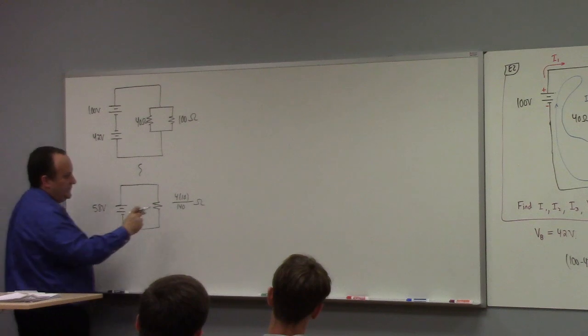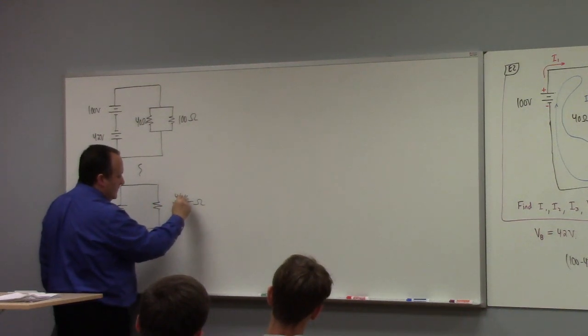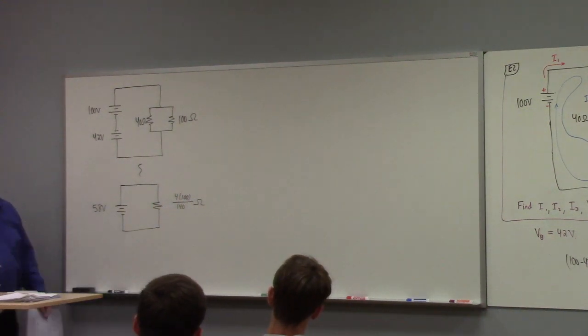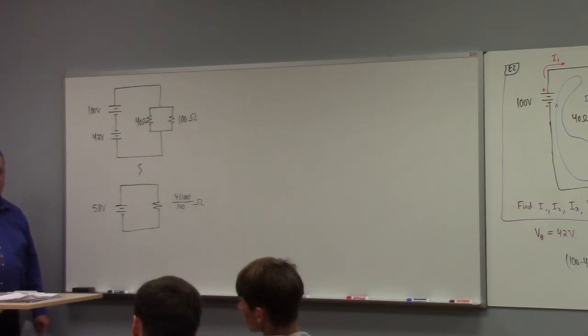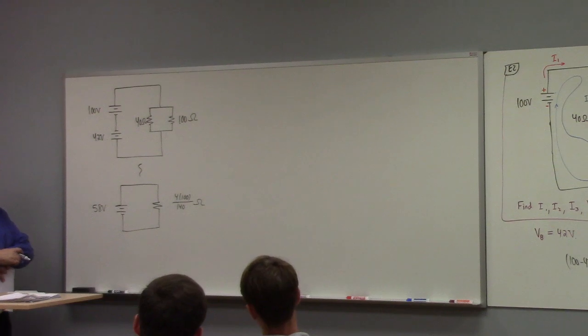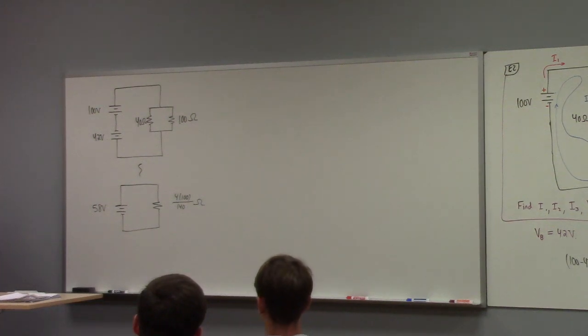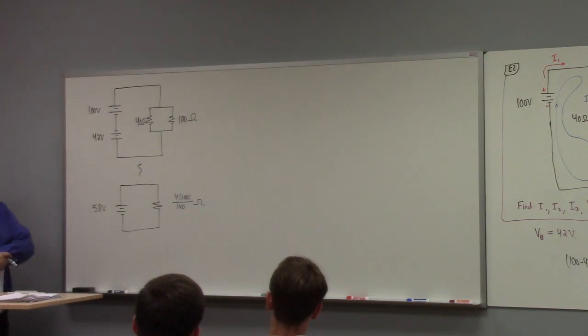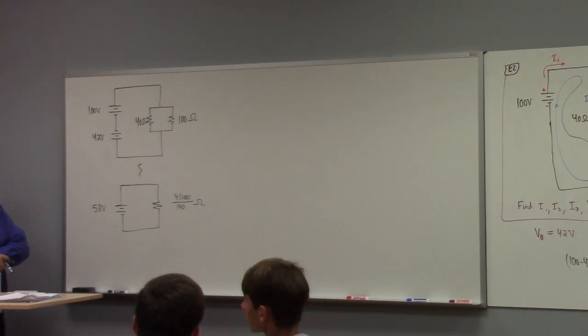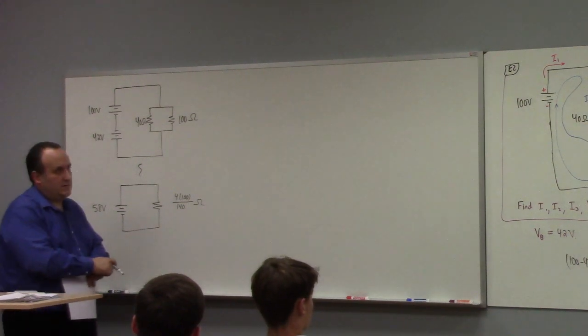Oh, yeah, that's probably a good idea. Thank you. Whatever that is. Does that answer your question? And then you can go from there and find the current in that. So you would do the method you wrote on the bottom, not the one we used.